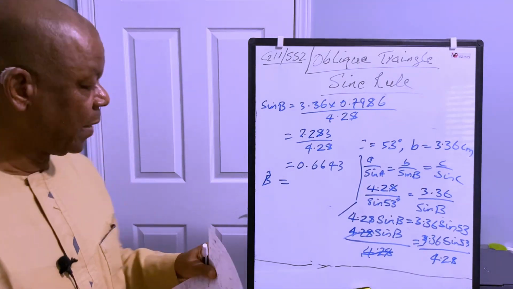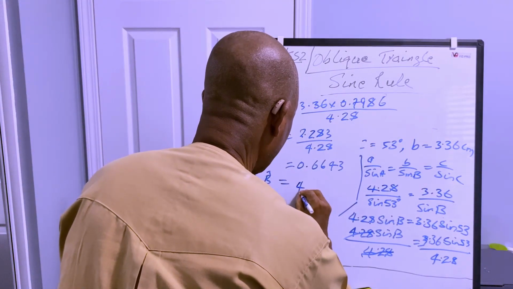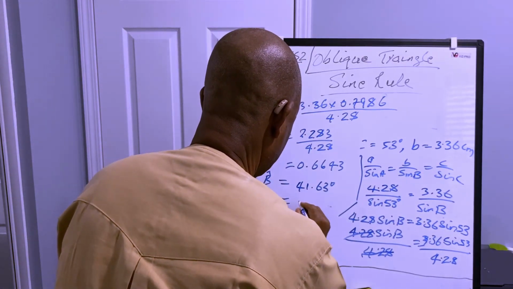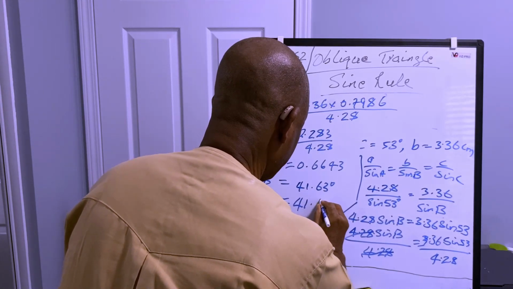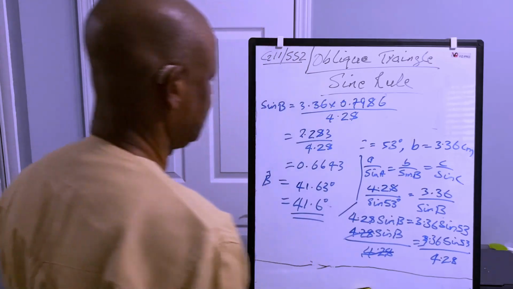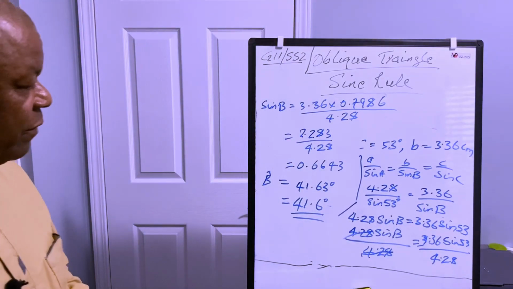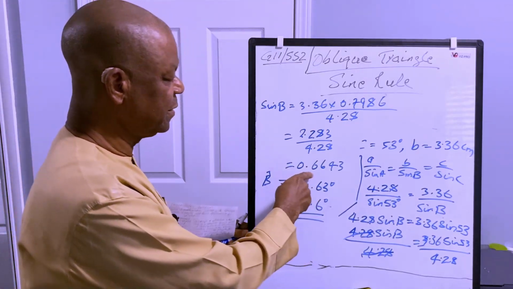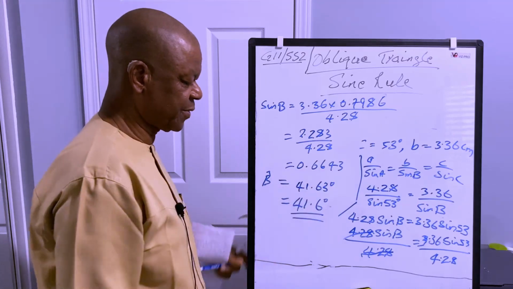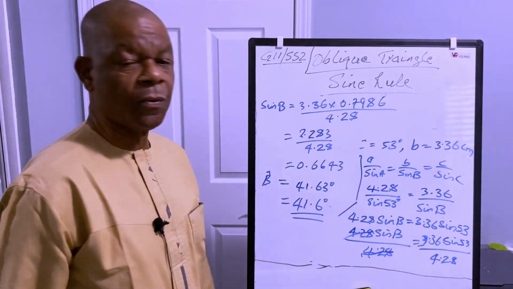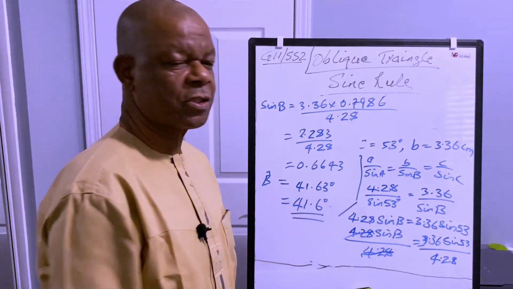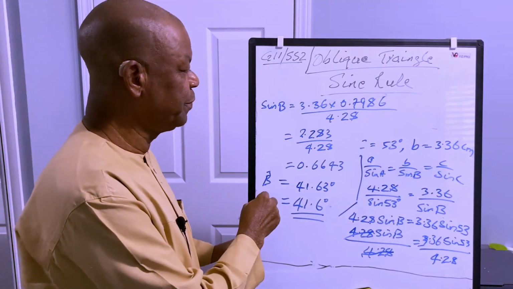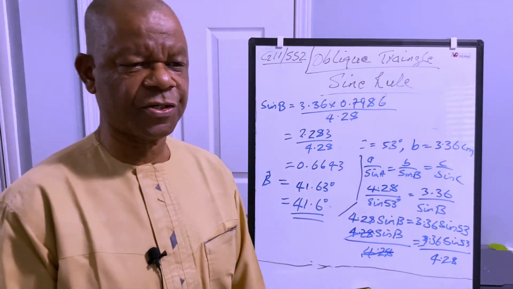If we do that, we are going to have 41.63 degrees. We can approximate it as 41.6 degrees. We checked in the body of the four-figure table under sine of angle 66 under 4 difference 3. That will give us 41.63 degrees, and we approximate to 41.6 degrees. So this is the value of angle B in this very particular question.